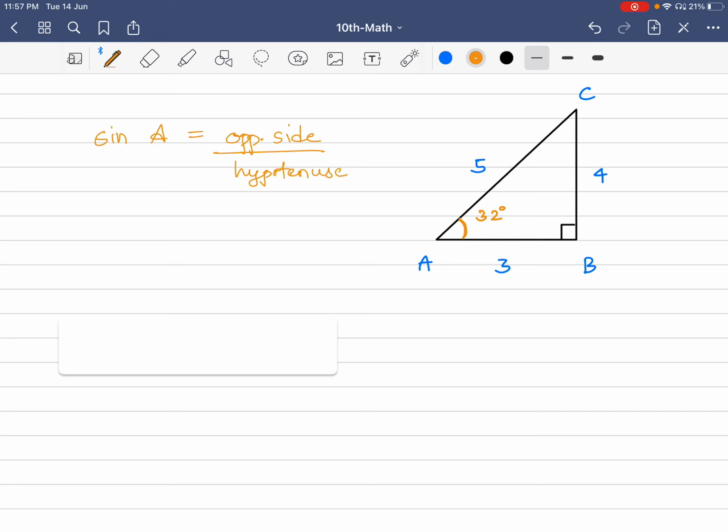And cos of A is equal to adjacent side upon hypotenuse. So these are our standard definitions of sine of A and cos of A, which are both foundational trigonometric ratios. Now, note that in any right angle triangle, the hypotenuse is always the largest side.